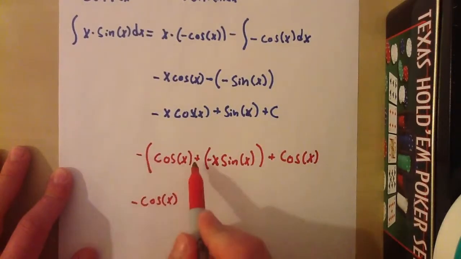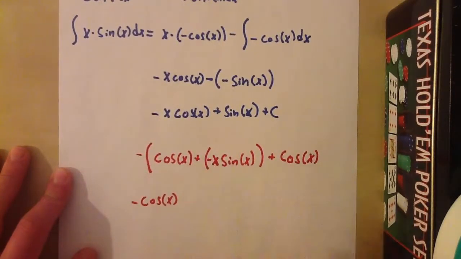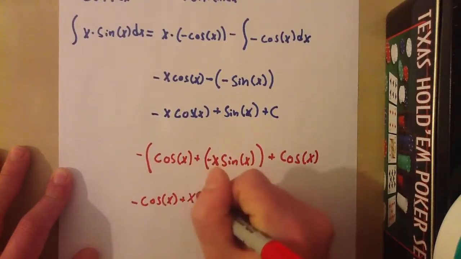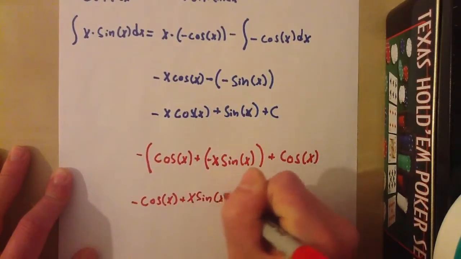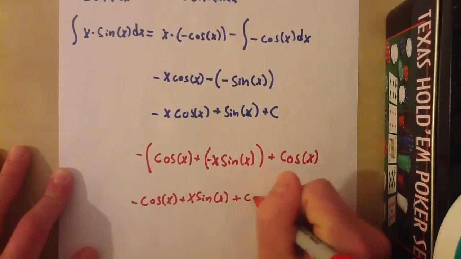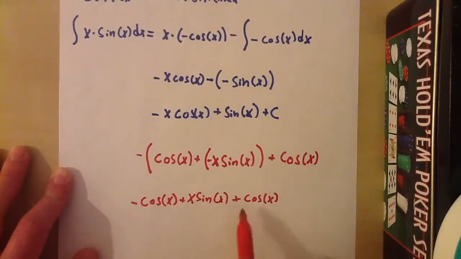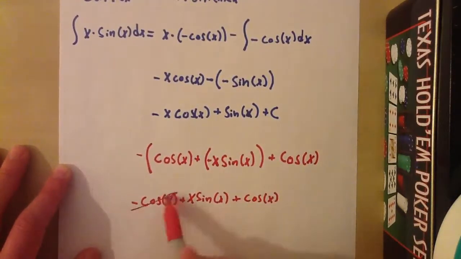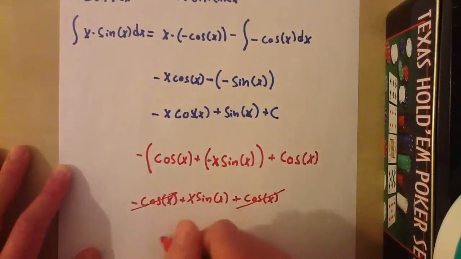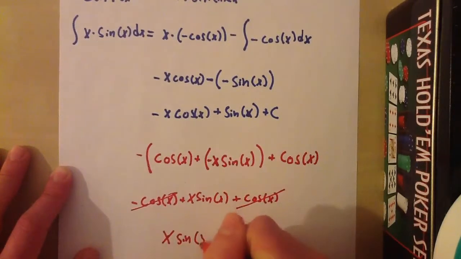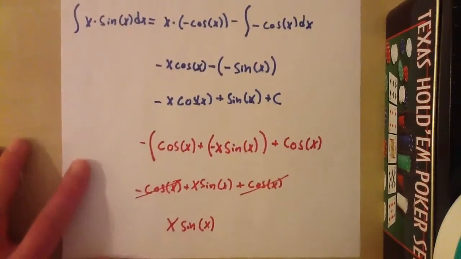And then we have a negative plus a negative, so that's just going to turn into a positive x sine x. And look at that. We have negative cosine x plus cosine x. Bye-bye. And we are left with x sine x, which is our original problem.